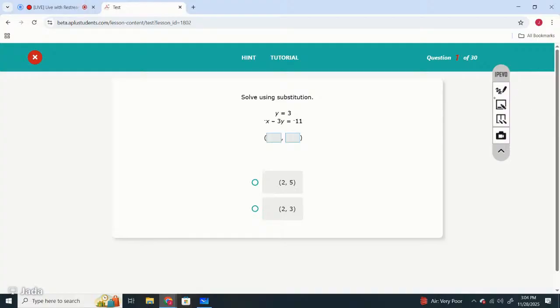So y equals 3. So negative x minus 3y equals negative 11, right?